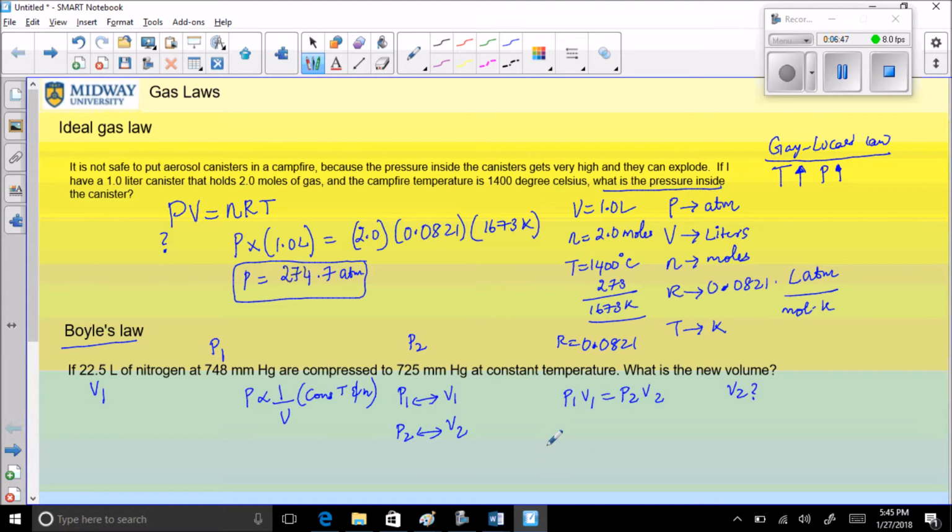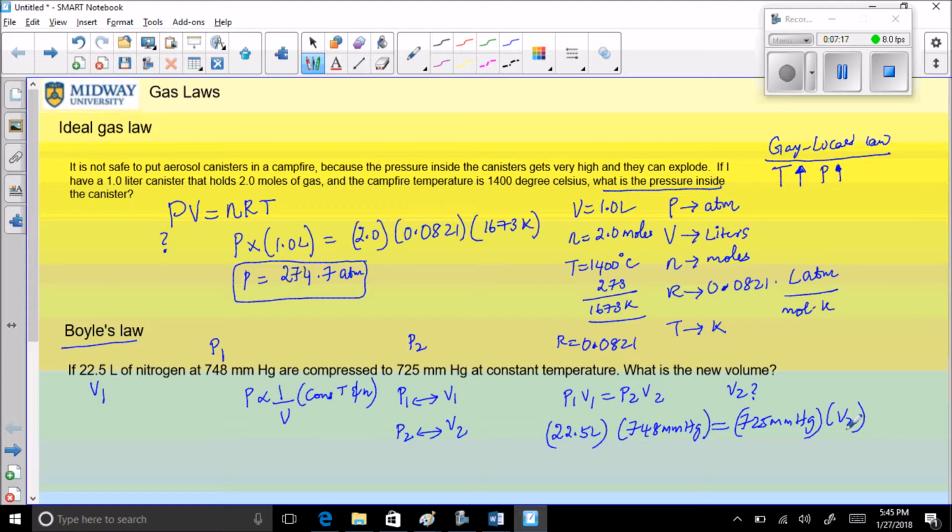You do not have to convert this to ATM because it's like the concentration start, concentration end, volume start, volume end that we did for a problem in 170. So 22.5 liters times 748 millimeters of mercury equals 725 millimeters of mercury times V2.